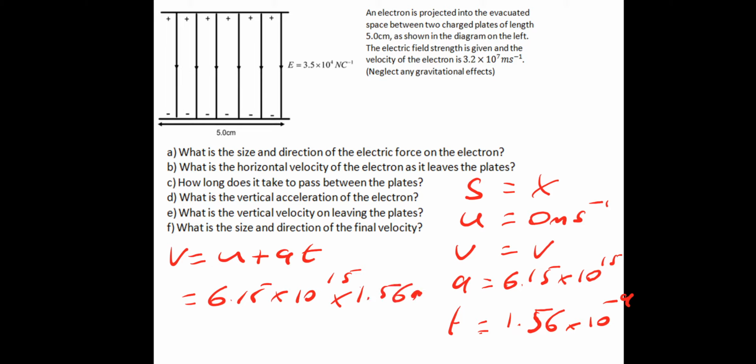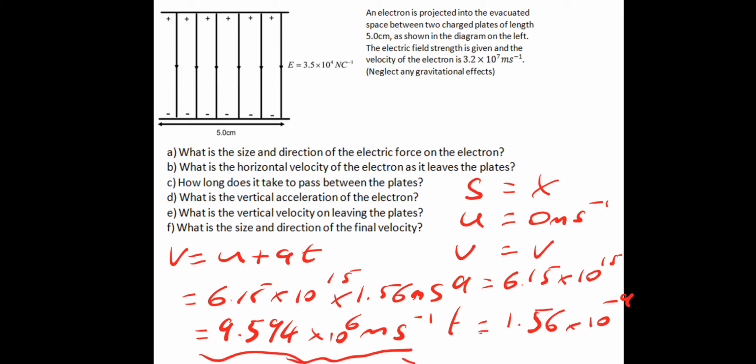I'll just write nanoseconds just because I've run out of room. And if you put them in your calculator, it'll give you a velocity of 9.594 times 10 to the 6 meters per second. Hopefully that went okay. Right, let's finish off then.